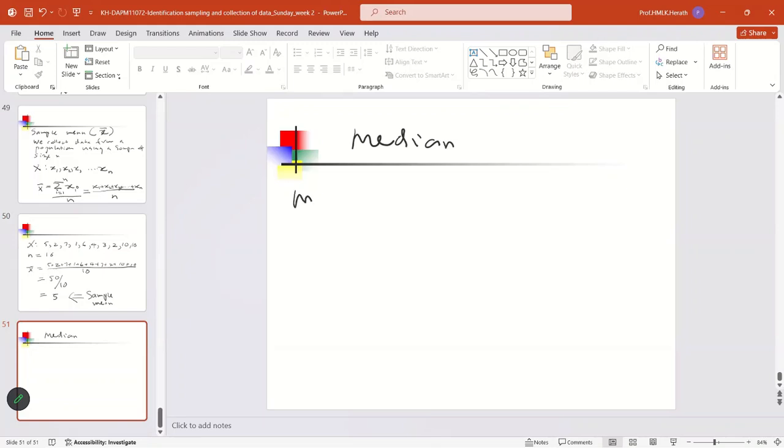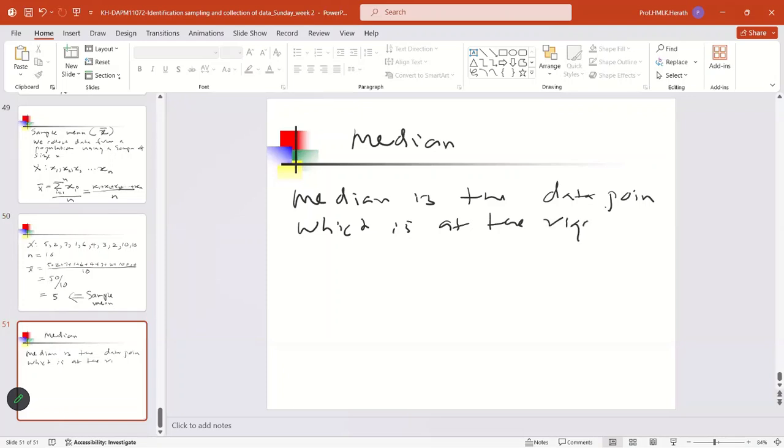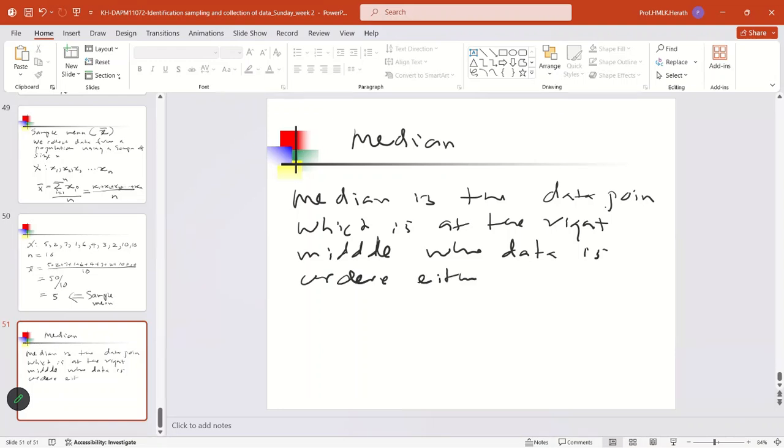The median is the data point which is at the exact middle when data is ordered, either in ascending order or descending order.